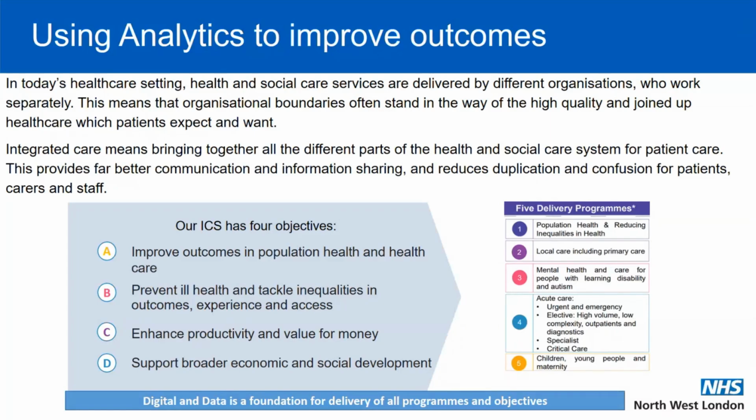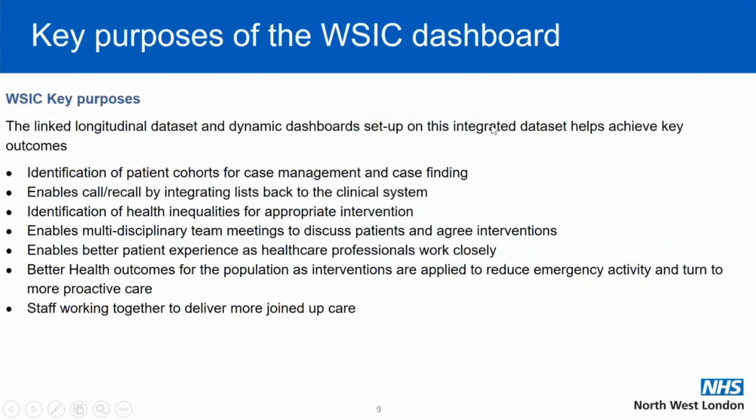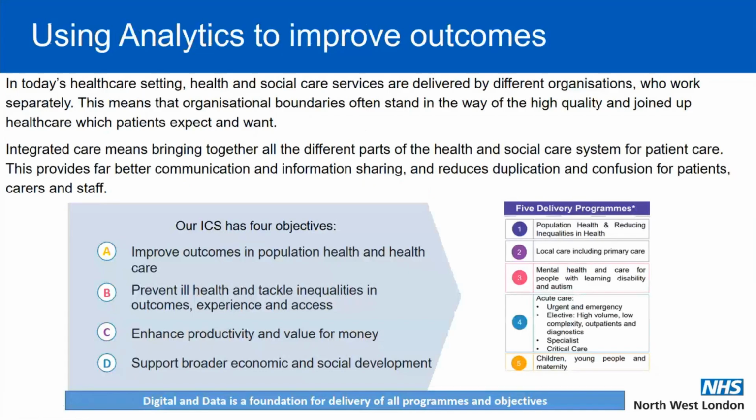Each of these four objectives requires a data and digital piece as a foundation, and that's what we're here to support with. In North West London we have WSIC, and we've had WSIC for about 10 years now, and this is really our North West London tool to help support these objectives. So Matthew, next slide.